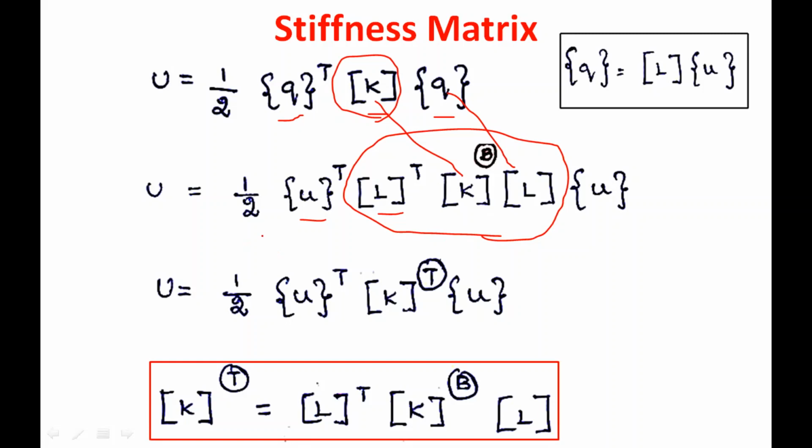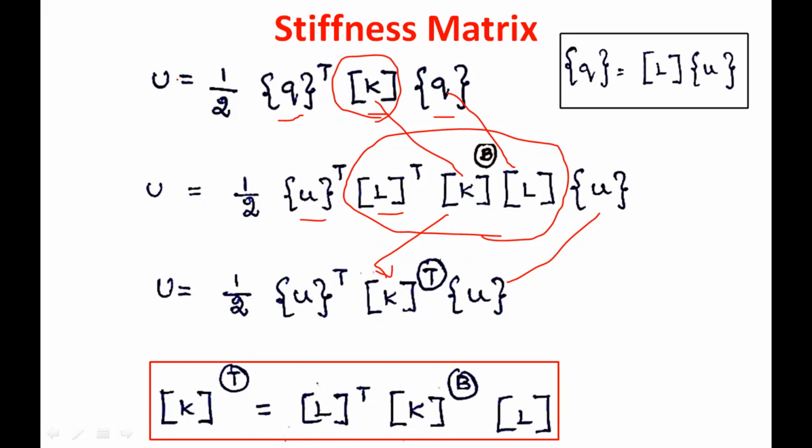Now compare this. The three matrices in the middle, between u transpose and u, are written as the stiffness matrix for the truss problem. So L transpose K bar multiplied by L. This is going to be the stiffness matrix for the truss, right?